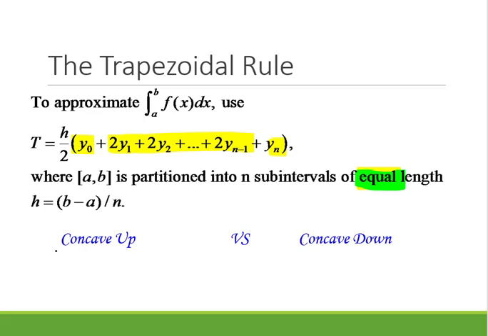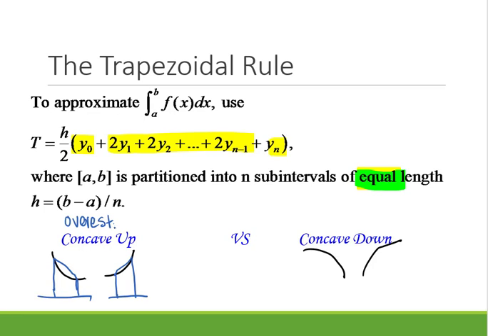And then concave up versus concave down. So if I'm concave up, concave up, concave up, concave down, concave down. Let's look at whether a trapezoid under approximates or over approximates. So a trapezoid here and a trapezoid here are going to over approximate our area.